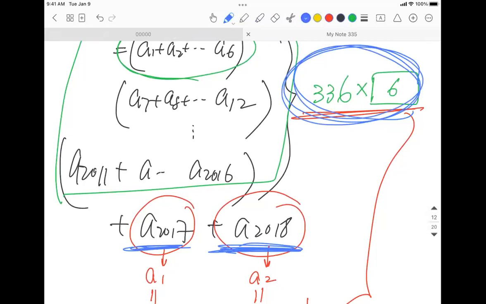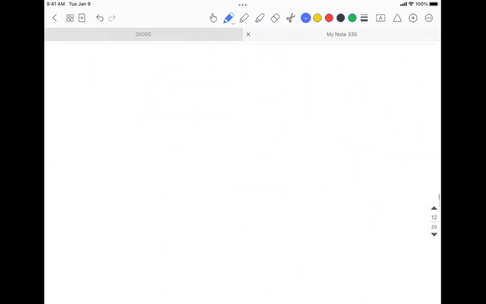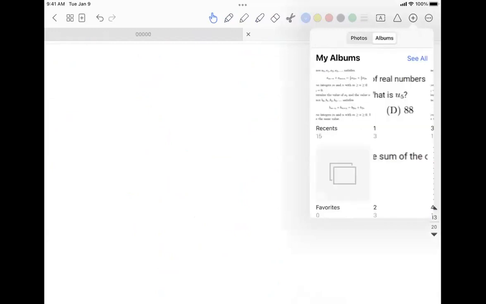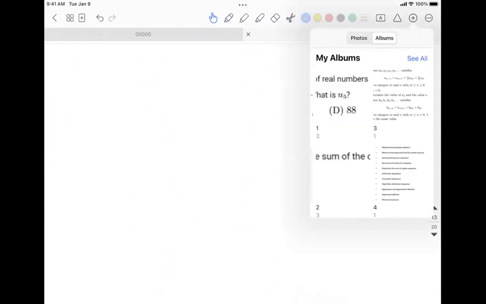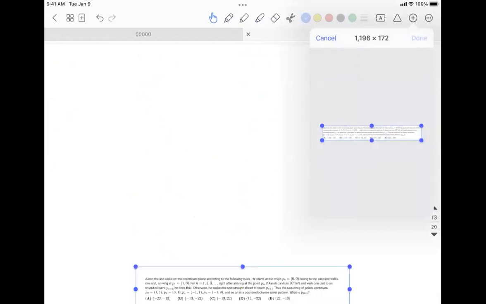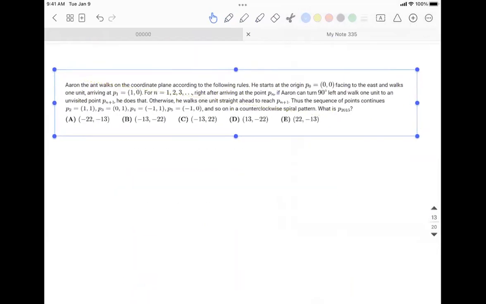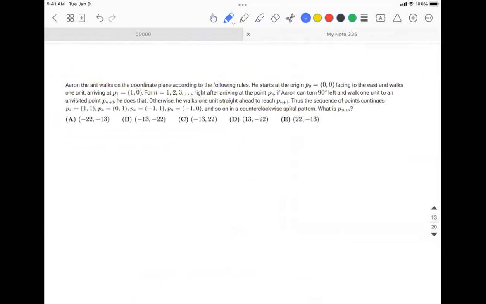Okay, with all of this, let's go for another problem. I don't think it's very difficult, but it's a little bit time-consuming. It's a problem from 2015 AMC 10B, question number 24.